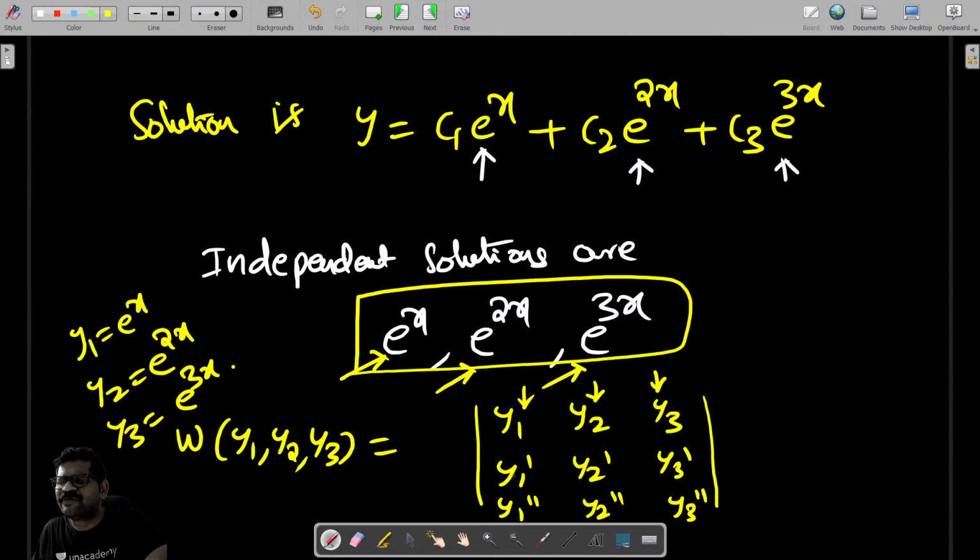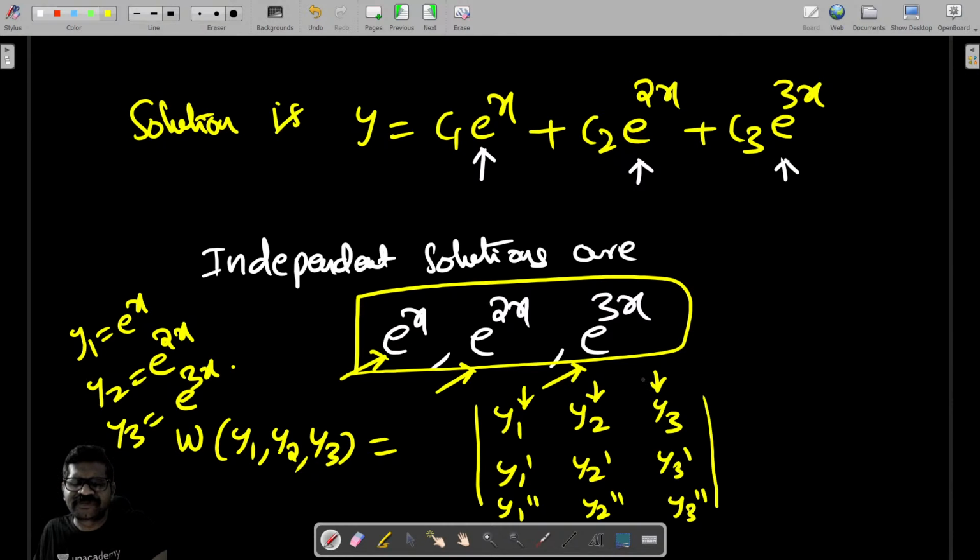We have 3 independent solutions, therefore the Wronskian is compulsorily a 3 cross 3 determinant. For 2 independent solutions, the Wronskian is u dv minus v du. If you have 3, then compulsorily you will get a 3 cross 3 determinant. Understood?